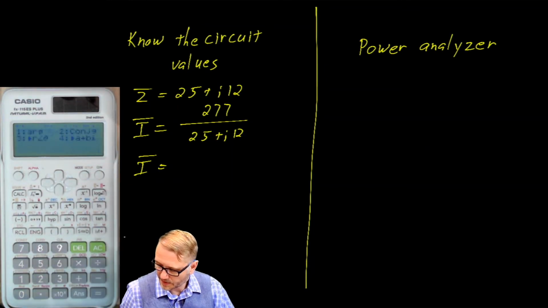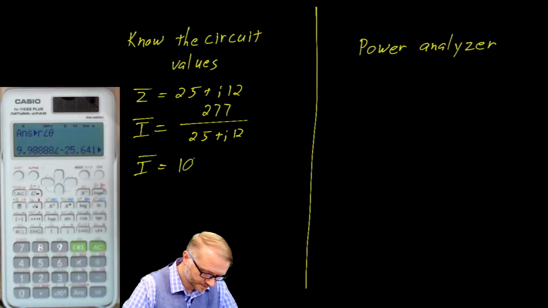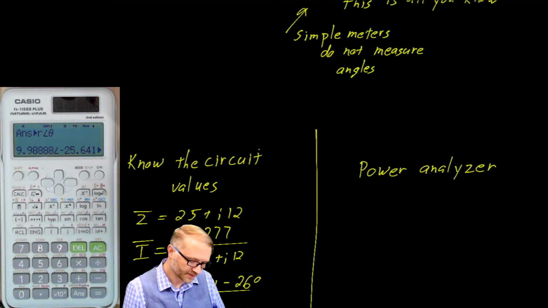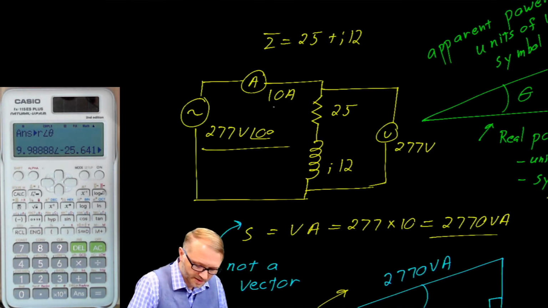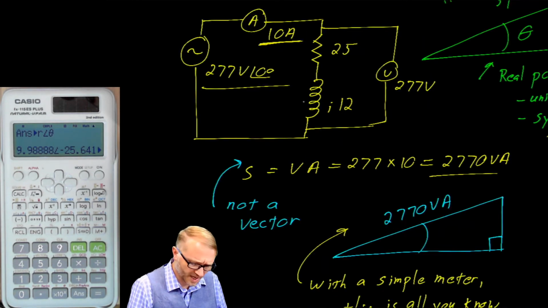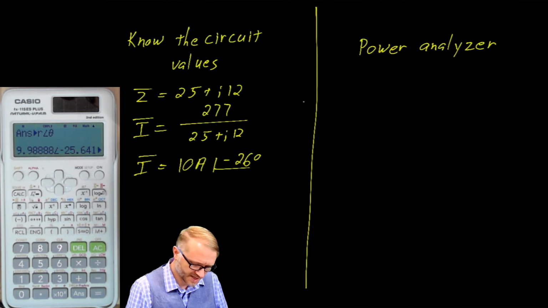Put that into polar form. So that's about 10 amps at a phase angle of negative 26 degrees. By the way, that was something we knew up here, wasn't it? There it is. We knew this was 10 amps before. We just didn't know which angle it was at. So it's 10 amps at an angle of negative 26.